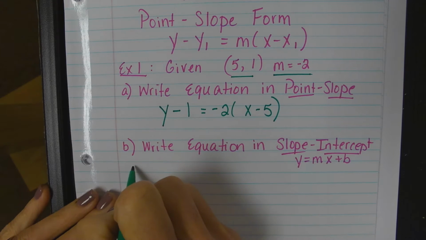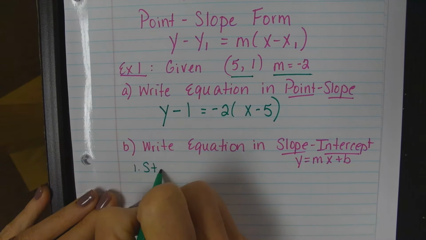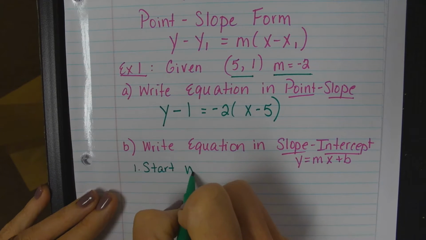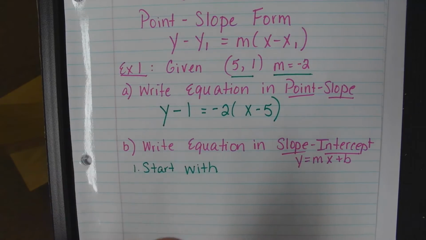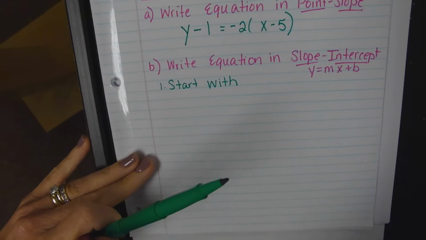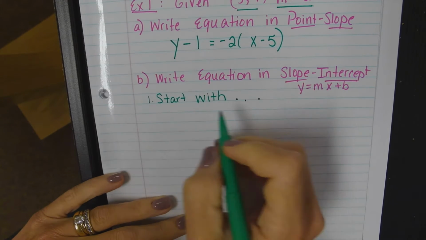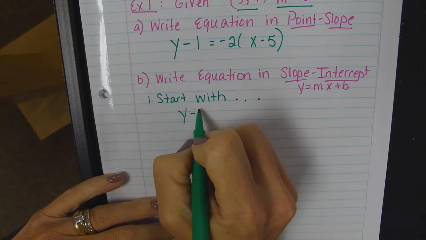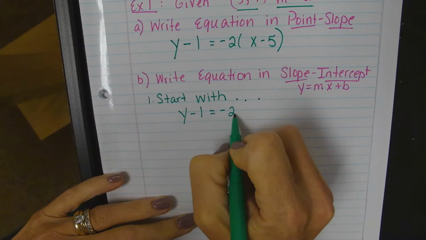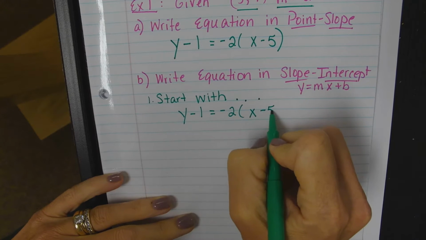So start with, and let me move up just a little bit. Start with y minus 1 equals negative 2 times x minus 5.